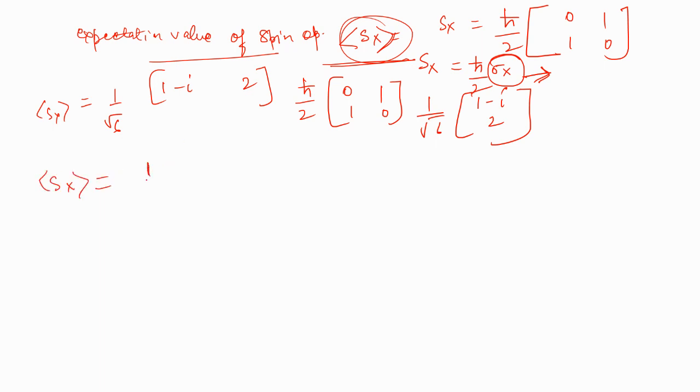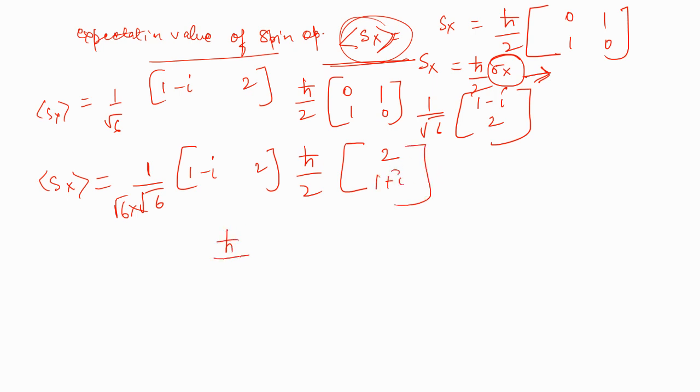This is simple matrix multiplication. 1 minus iota 2, h cross by 2. I'm taking root 6 here, so this root 6 will become 6 into 2, 12. And here it will do 0, 2, h cross by 12.